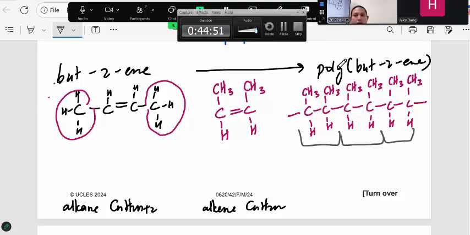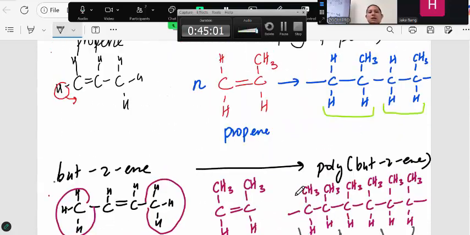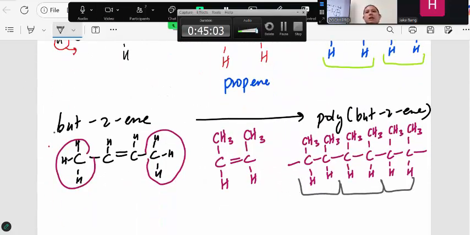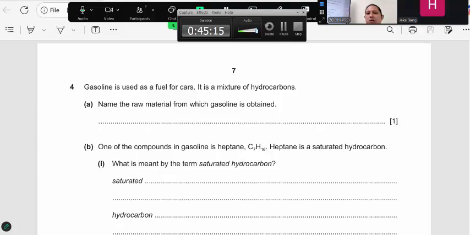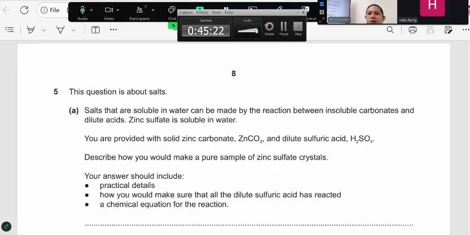Let's see. All right. Jake, okay? Okay, guys, I'm giving you this paper now. Which one did I give you? This question is about salts that are soluble. This one. Okay, I'm giving you this one now.